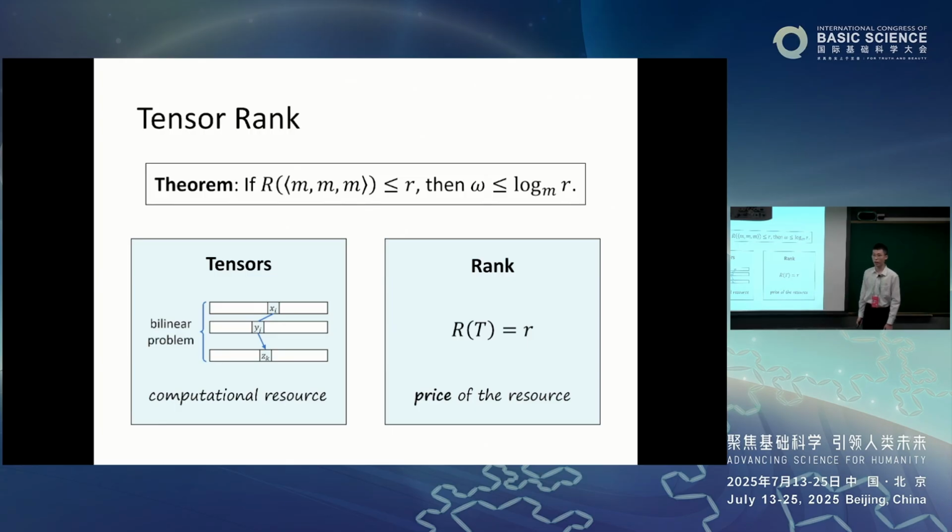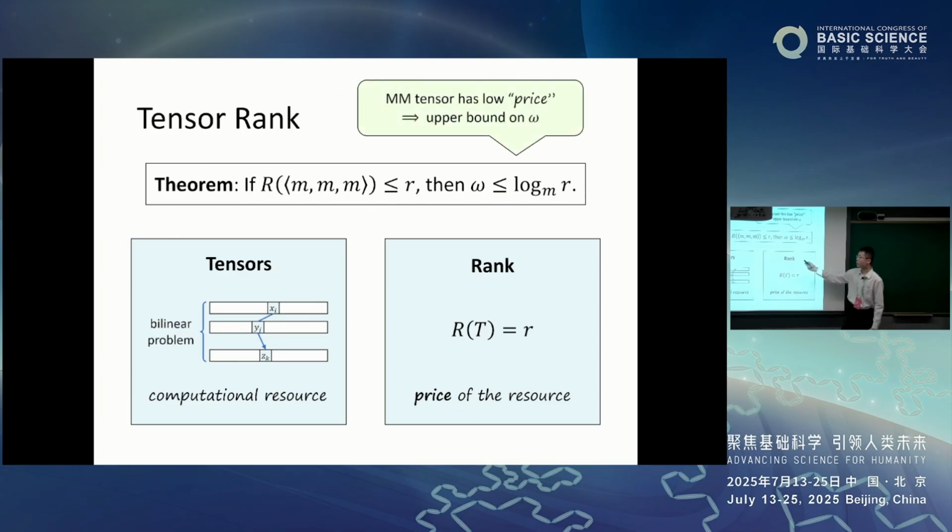In this intuitive language, what this theorem is saying is that if the matrix multiplication tensor of a given size is relatively cheap, then we can use limited cost to buy a lot of such tensors, which would be extremely helpful for our mission of multiplying large matrices, and that leads to an upper bound on the complexity of multiplying matrices. So this is how we're going to use the rank of tensors.